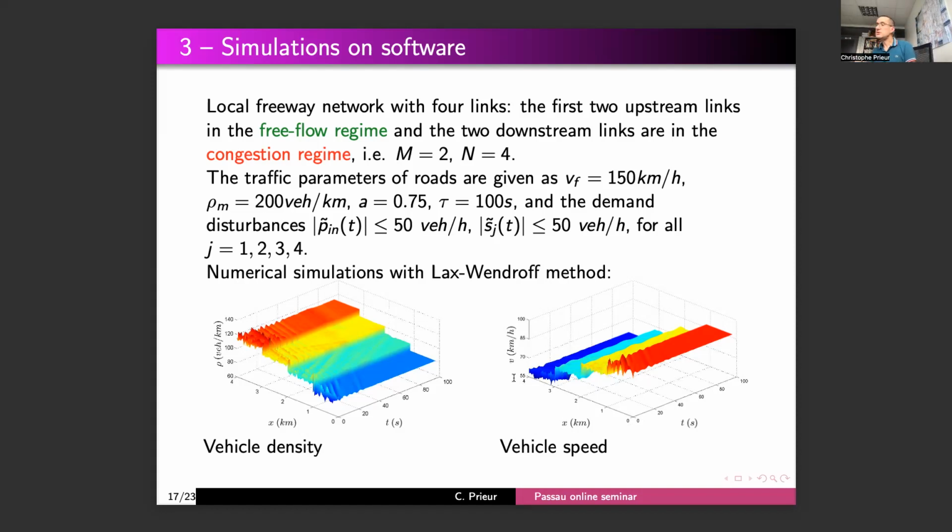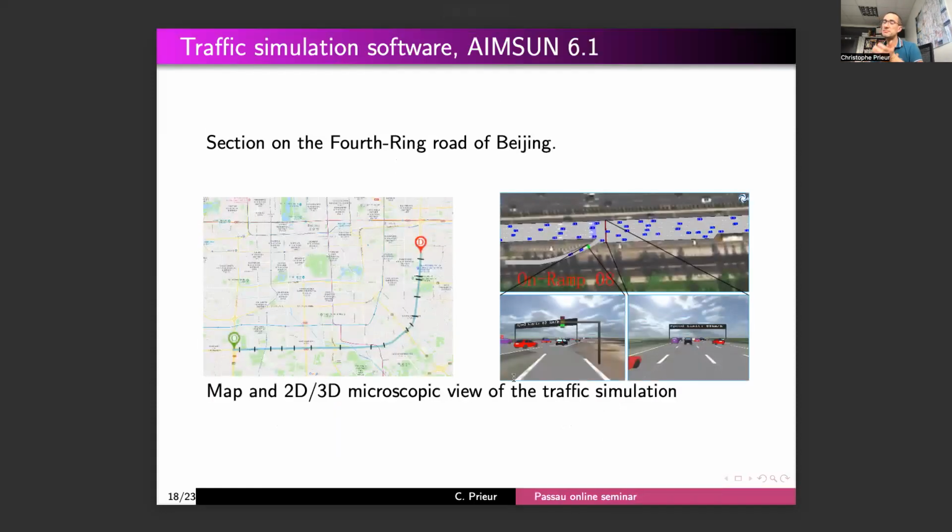So this is just an academic example, and a more challenging example has been done by my colleagues in Beijing, where they have a very nice simulator software, which describes the dynamics of a portion of the fourth ring road in Beijing.